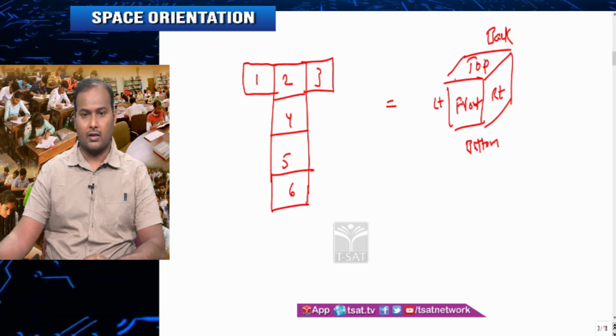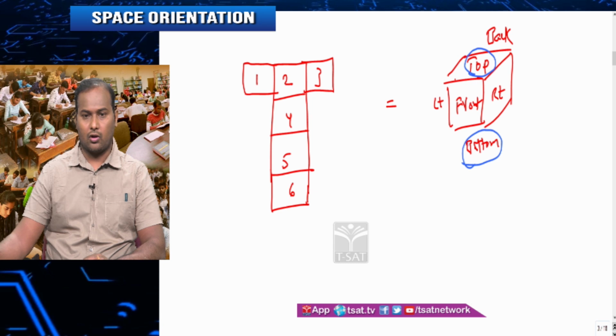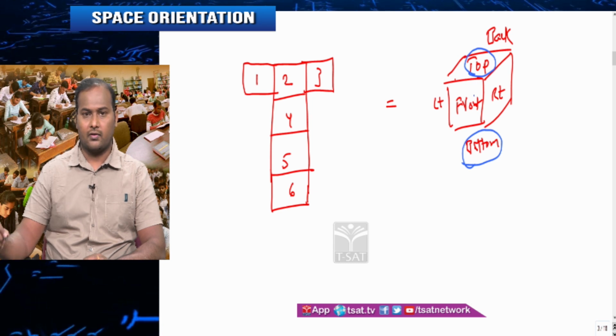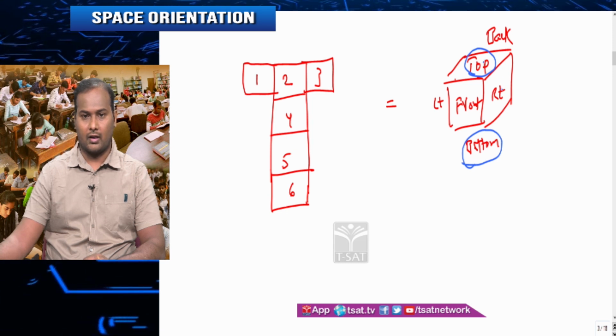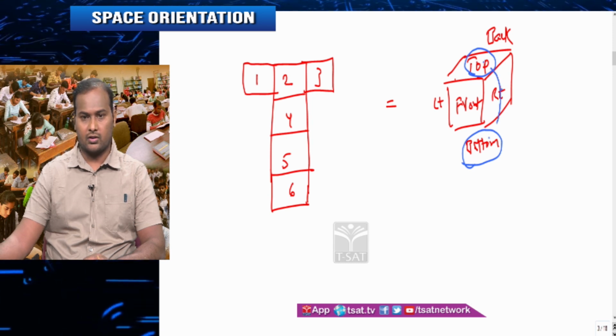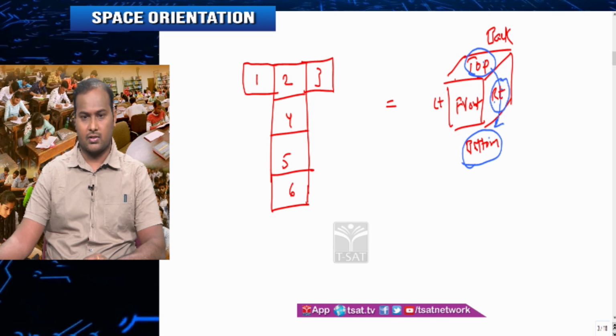Means, for example, if I am considering top and bottom, in between top and bottom, there is only one face present. If I am moving from top, right and bottom, only the right side face is present.